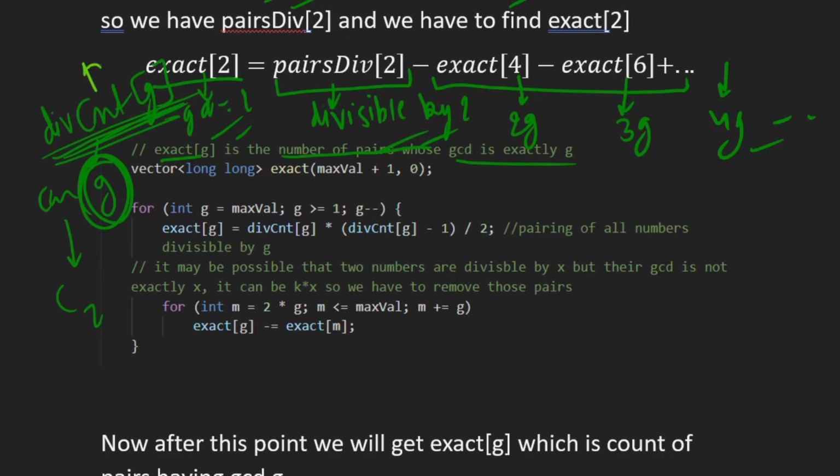Let's say this is n, so it becomes nC2, which is n into n minus 1 by 2. Here n is div count of G.